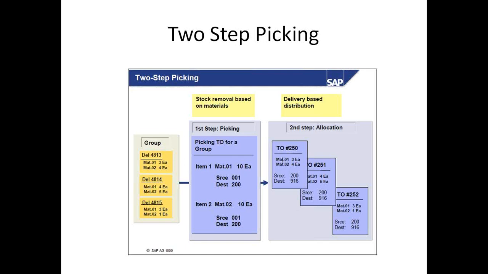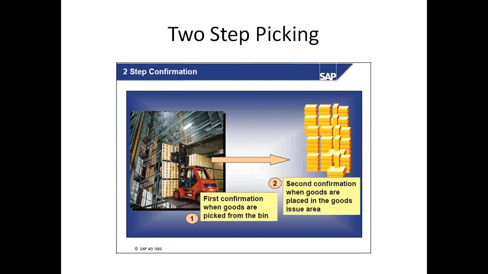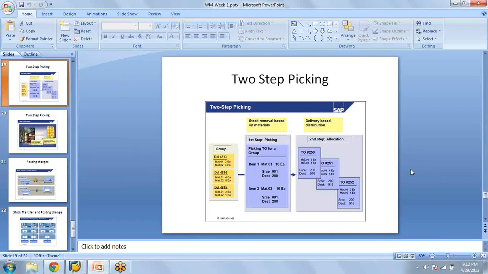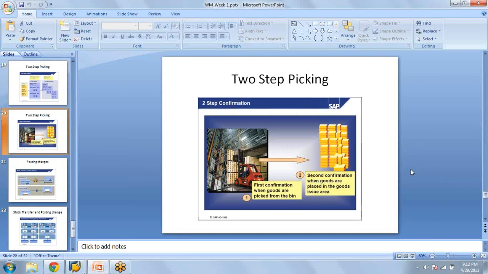There are two steps for confirmation: when goods are picked from the bin, and in the second confirmation, goods are placed in the goods issue area. For example, first we get one delivery, and now we need to pick that material.